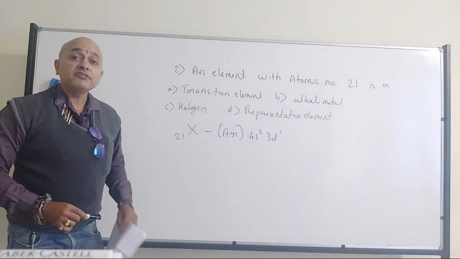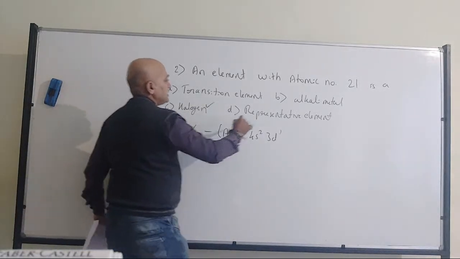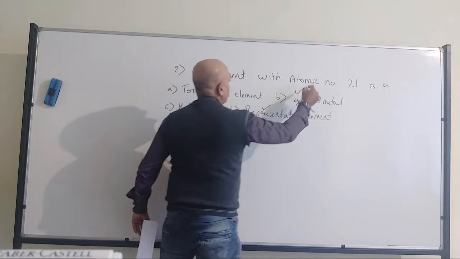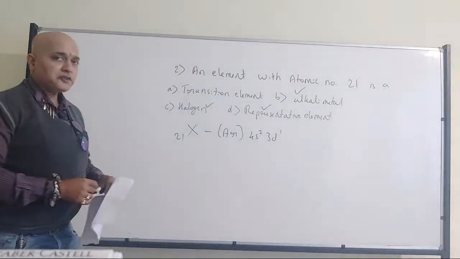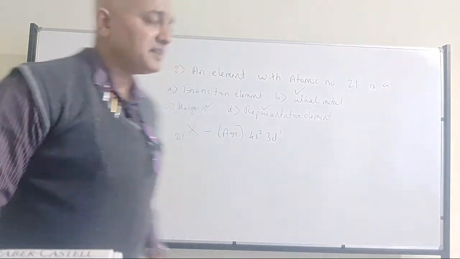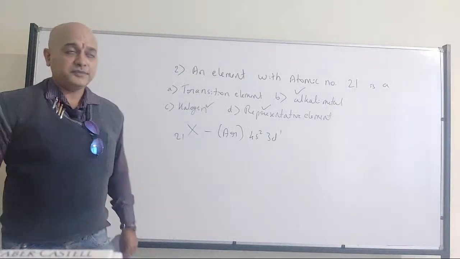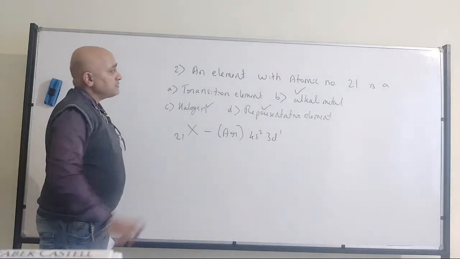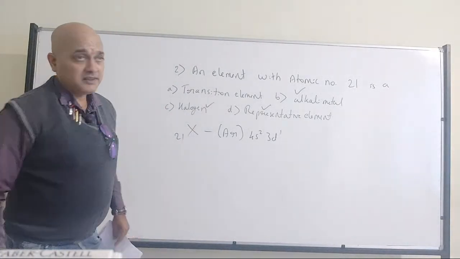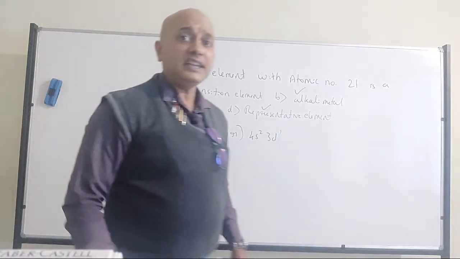Straight away we can give the answer also, no need to calculate, because halogen, representative element, alkali metals, they are of similar options, because representative elements also includes halogen, it also includes alkali also. So in that way also we can tell, shortcut. But otherwise transition element should be the answer, and it is scandium.